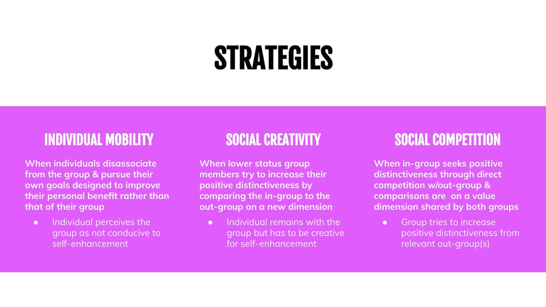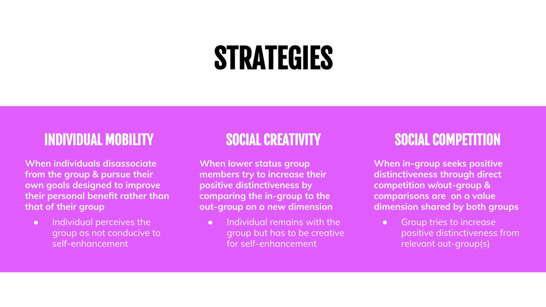And so, some of the strategies that I wanted to cover that we haven't covered so far. Thinking back to the motivations for social categorization, there are a variety of strategies that may be used for the purpose of achieving this positive distinctiveness in particular.